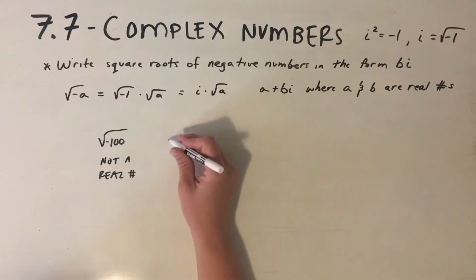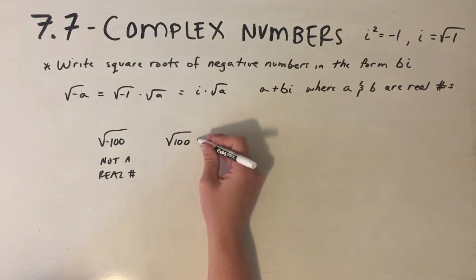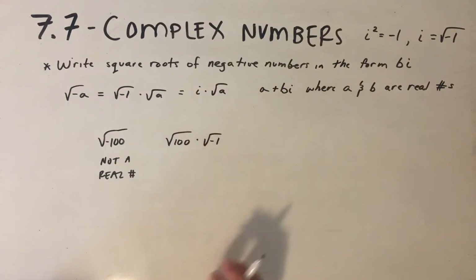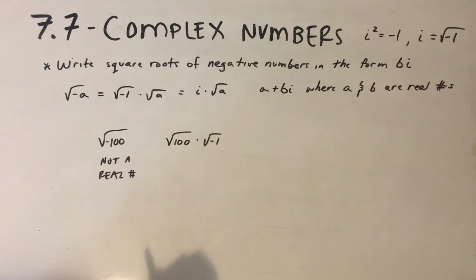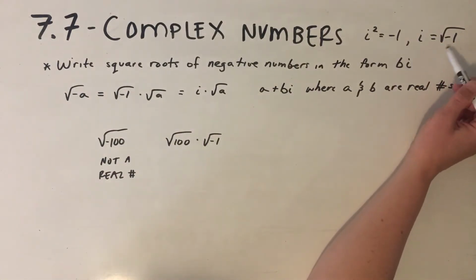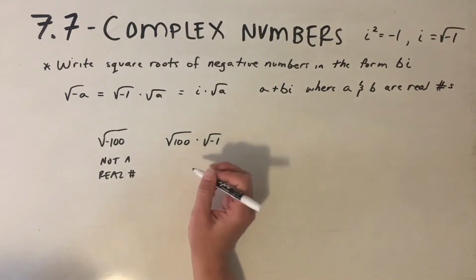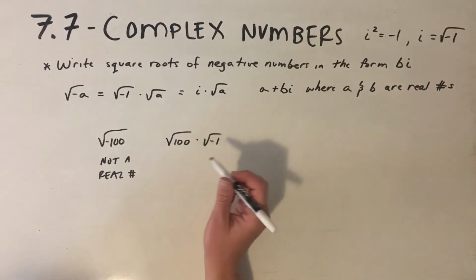We could factor this into the square root of 100 times the square root of -1, just by factoring the -1 out of the 100. And then we know from this property that the square root of -1 is just equal to I, and the square root of 100 is equal to 10.